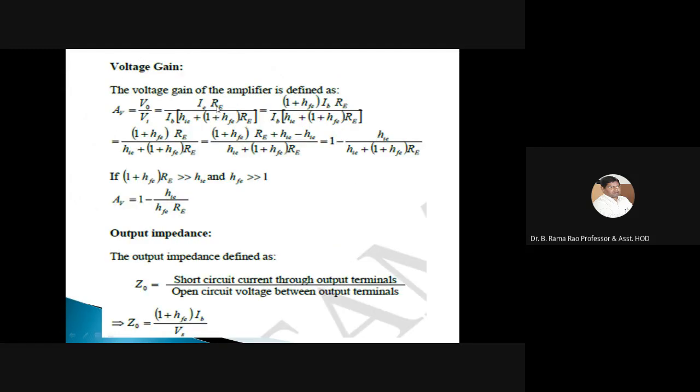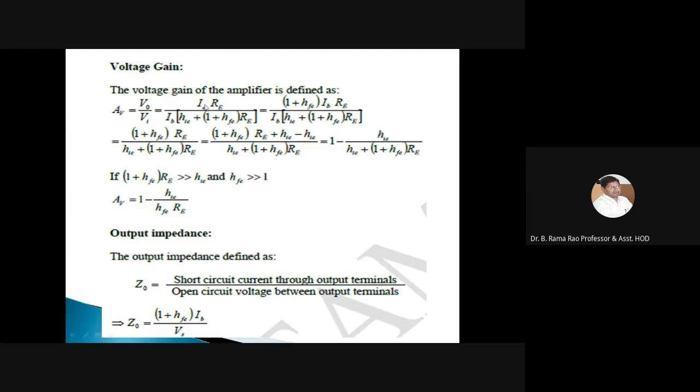Output voltage is equal to IE into RE, divided by Vi. Vi we have already calculated for CE and CB, and CC is the same as the previous one: Vi is equal to IB into hie plus 1 plus hfe into RE.